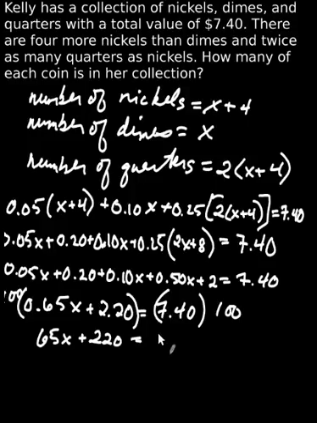And on the right-hand side, it's going to be 740. Now I'm going to subtract 220 from both sides. And I get 65x is equal to 520.